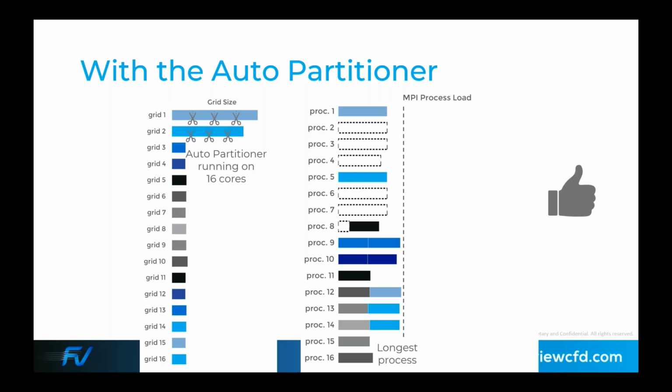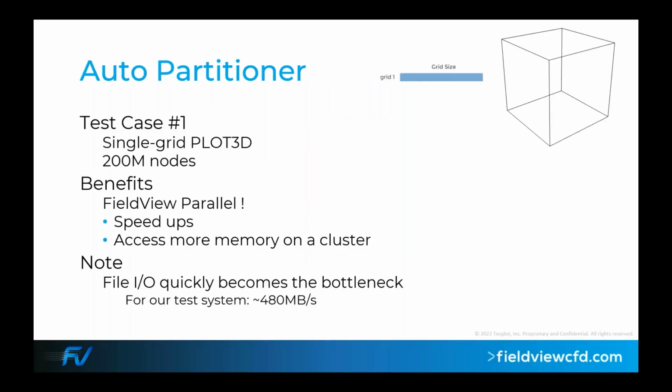And so now let's move on and look at the actual benefits and the performance we get on some real cases. The first one here is a bit notional. This is a single block in the Plot3D format, 200 million nodes. What's interesting with a single block is that, as you understood how FieldView works, in the past it was impossible to read that in parallel.